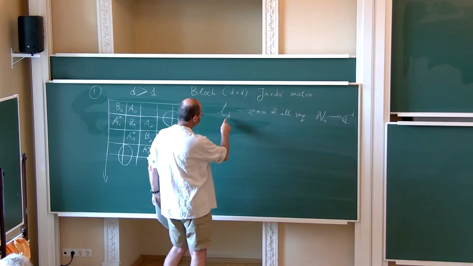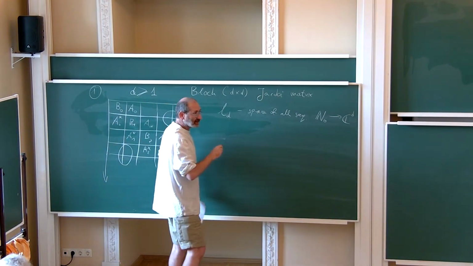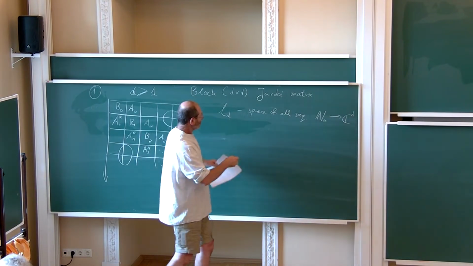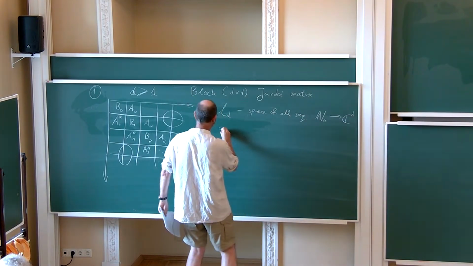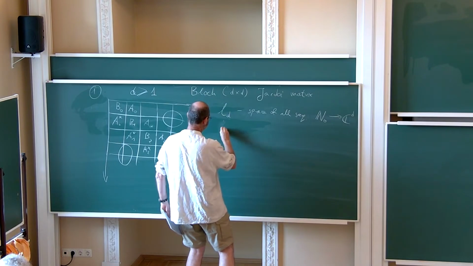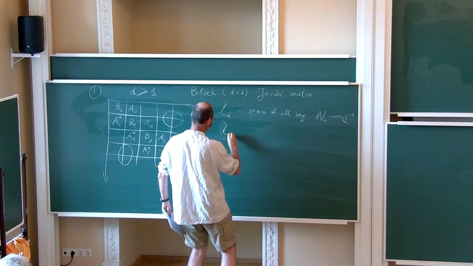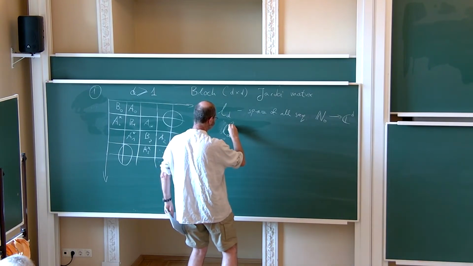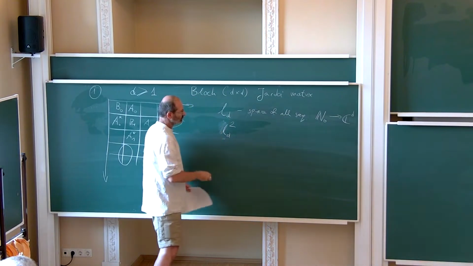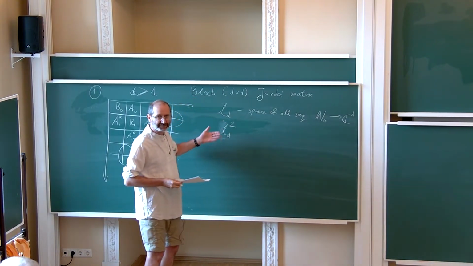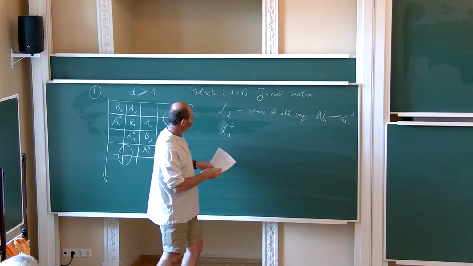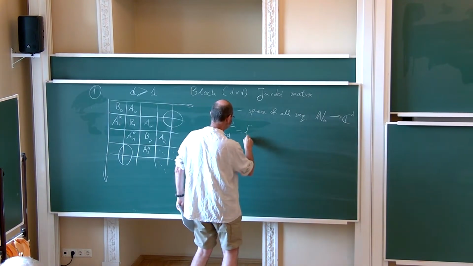So this is LD, and our important space will be denoted by L2 D, and it's the typical Hilbert space. You can write it like this.